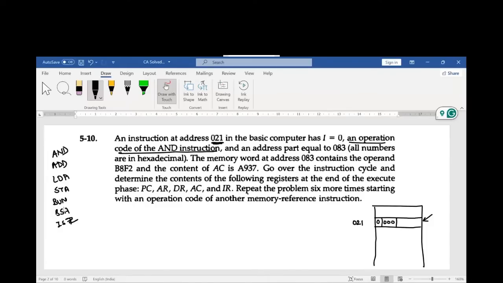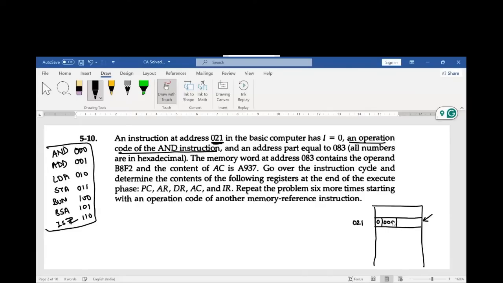These are the 7 memory reference instructions. We know that the code for AND is 000. This is 001, 010, 011, 100, 101 and 110. This should be known to you. Okay, fine. So now here we have said that this instruction has opcode of AND.